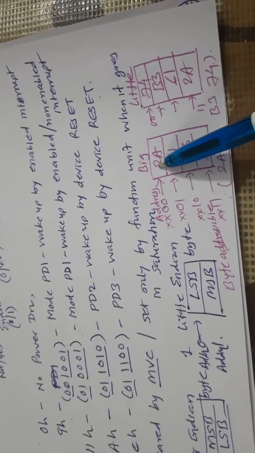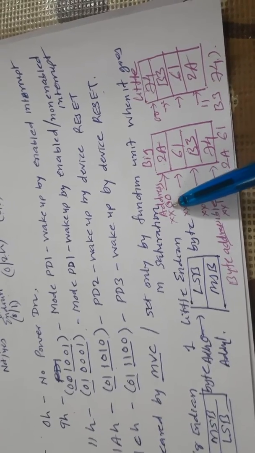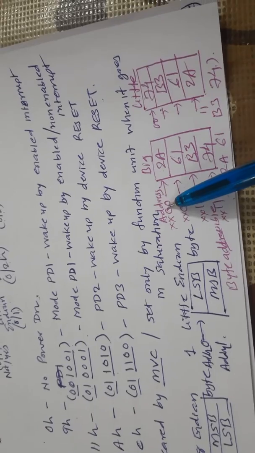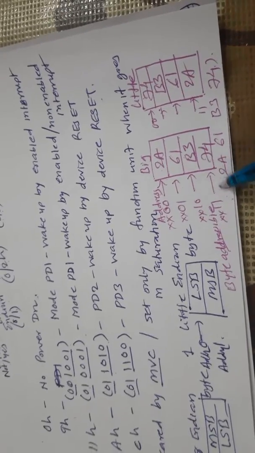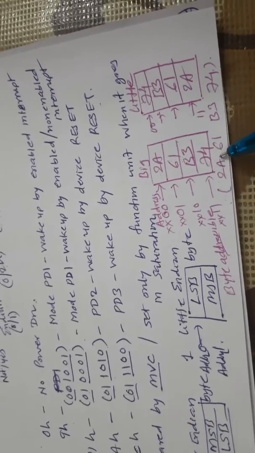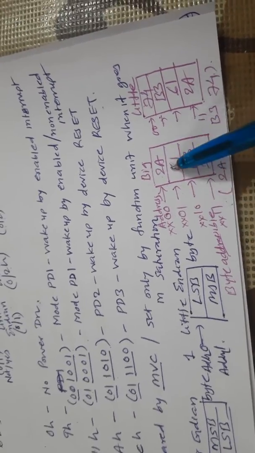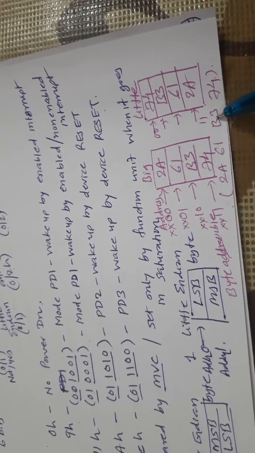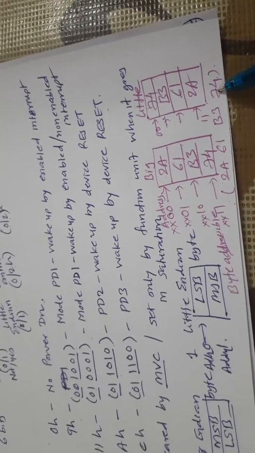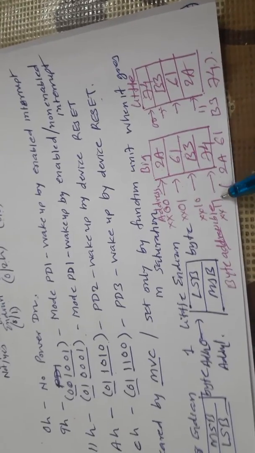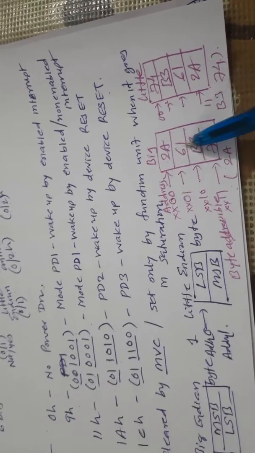When the most significant byte is written in the lowest address, here the address starts from 00, 01, 10 and 11, and subsequently the next byte is written in the next address, then B3 in the third position, and the least significant byte is written in the highest address, then it is called big endian mode.